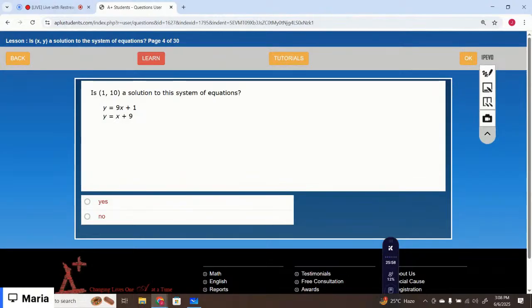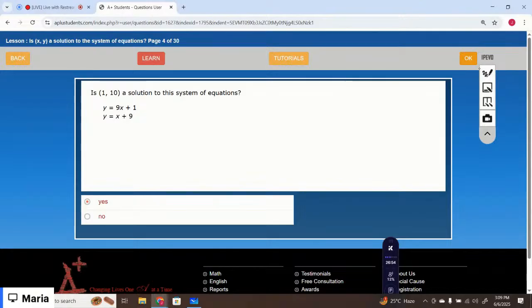Is (1, 10) a solution to the system of equations?